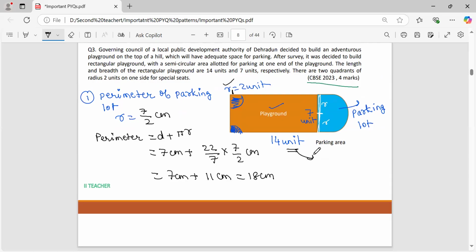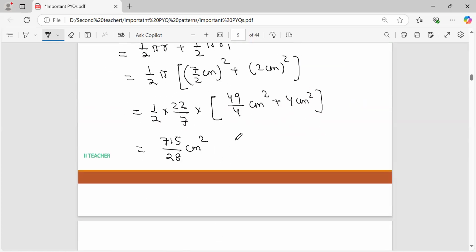So when you are writing the answer, you write it as unit square, 715 by 28 unit square, because they have given it in unit. Even if you write unit square, you are getting the full mark here. And that is your answer of part 2.